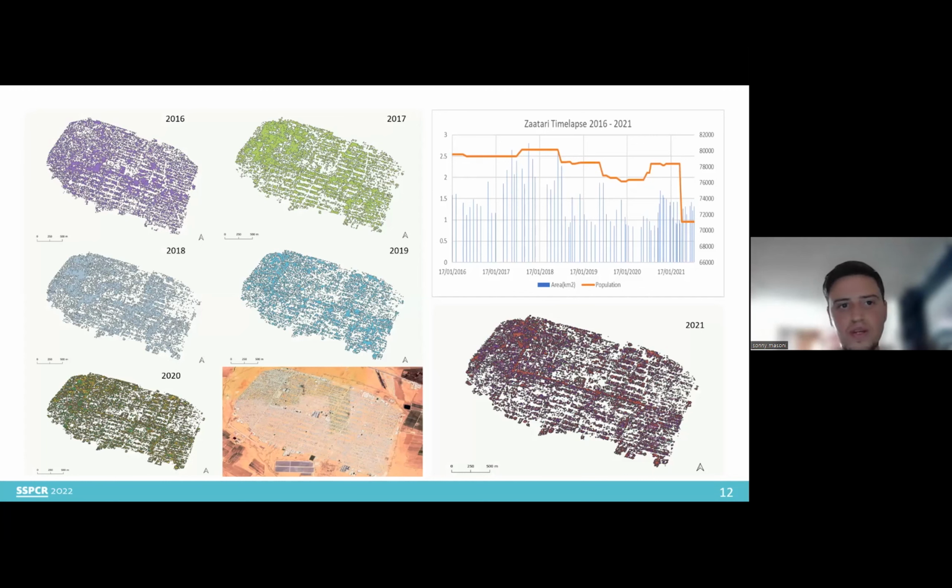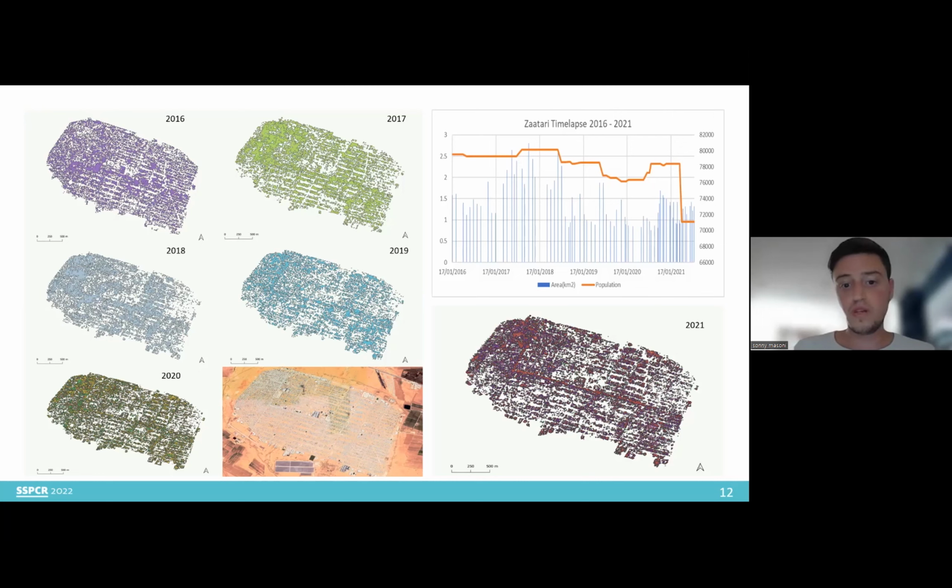But if you look from 2016 to 2021, the density of shelters in certain areas is placed on one side and then on the other, because you have to understand, and that was one of the challenges we faced, that refugee camps are a sort of mutable entities. When a shelter is not used, maybe 2 minutes later it is removed. As you see in this graphical representation, the aerial time lapse of Zaatari, it changes a lot over time.